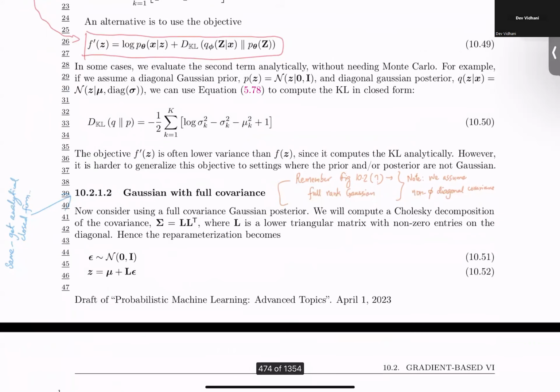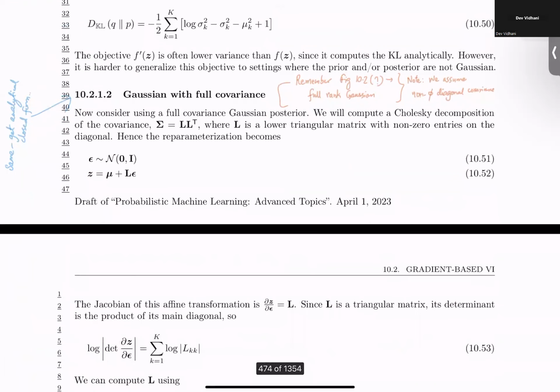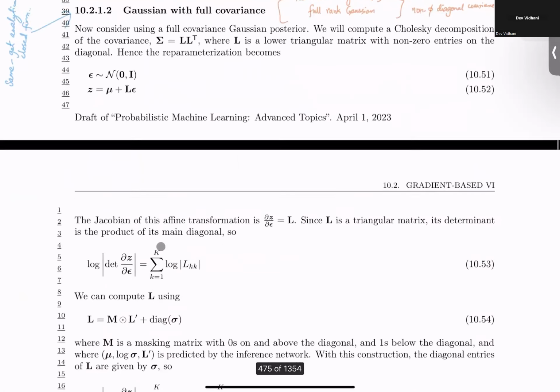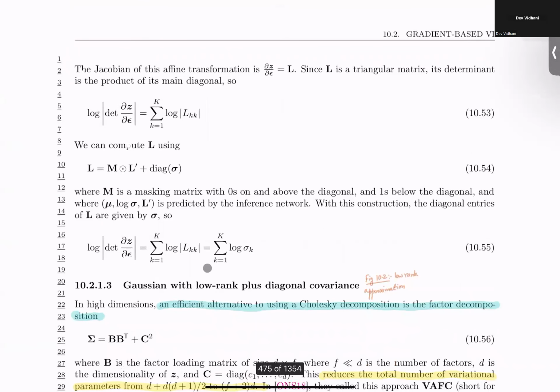However, if there is a dependence between them, then you can also use this Cholesky decomposition form, but of course it gets costlier as you have more and more dependency. If you look at equation 10.52, if that's how Z is defined, then there are relatively closed-form expressions you can get, but finding L and doing the decomposition is a very compute-expensive job.